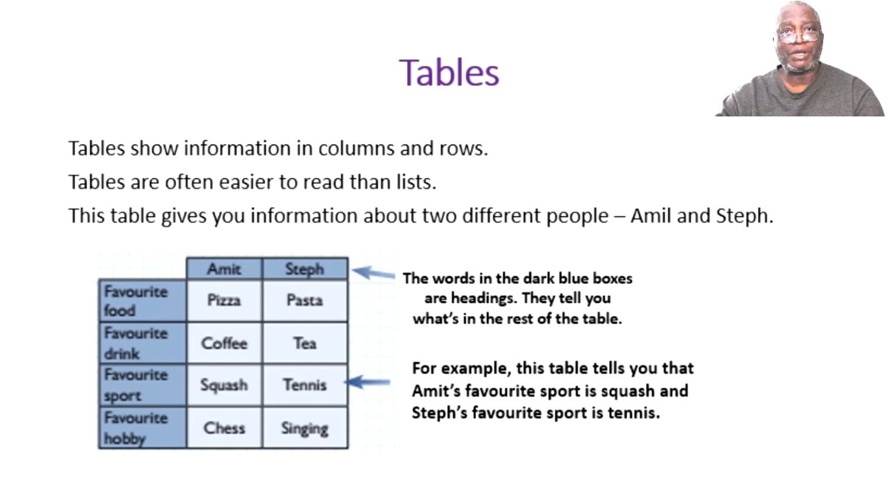So you need to be able to understand the information the table gives you, and to do that, you need to know how to read the information provided by the table.